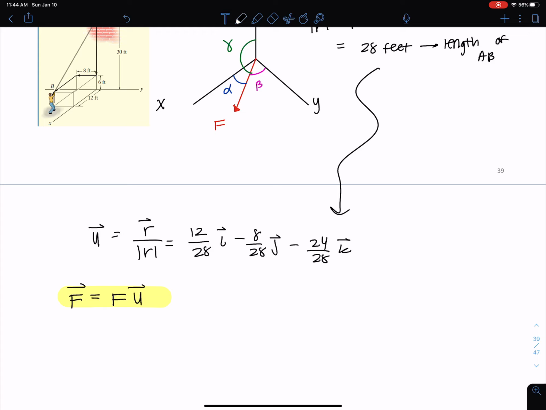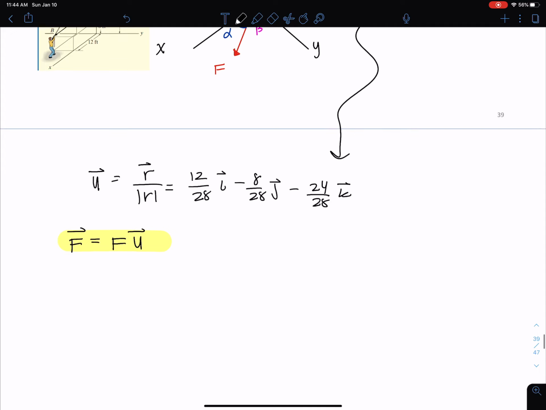Because remember, the unit vector is a vector with a magnitude of 1 in the same direction as my force. So if my force is 70 pounds, all I have to do is multiply in the unit vector to get my appropriate directions for each one, x, y, and z. Right?